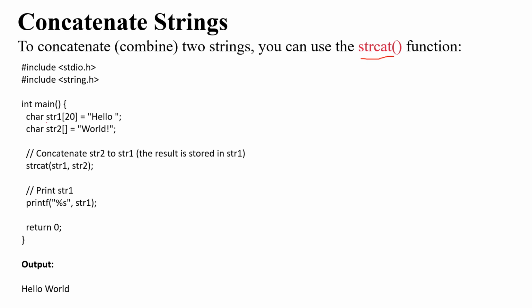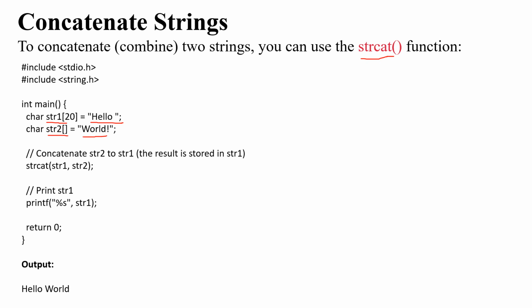Assume there is one string called str1, which consists of 20 characters. 20 is the maximum size, but you can give less than 20. The string 2 contains WORLD. So there will be 5 characters assigned to string 2 and another 5 characters assigned to string 1.